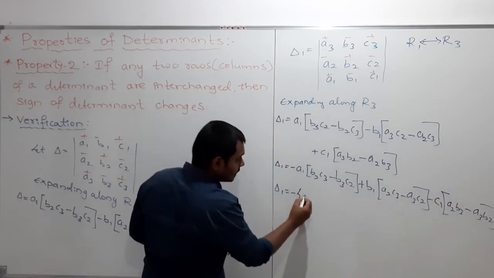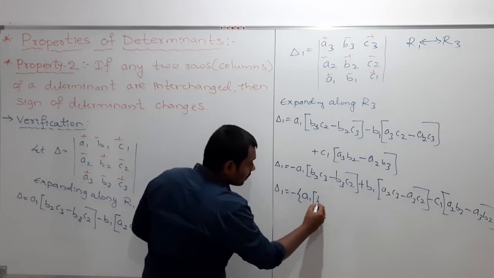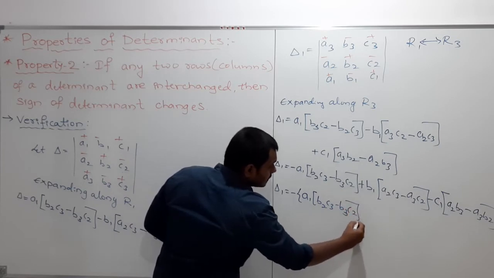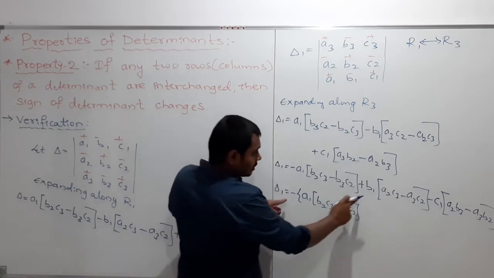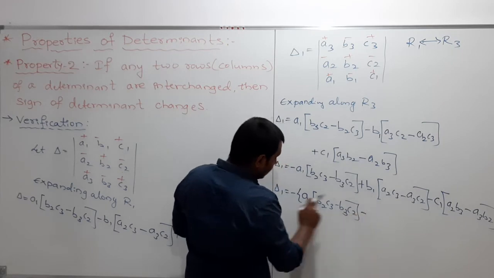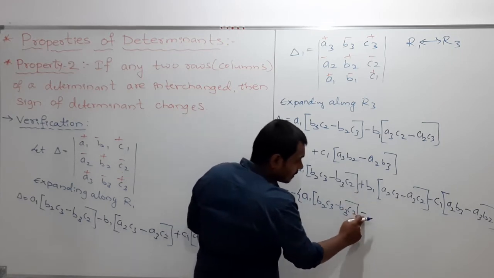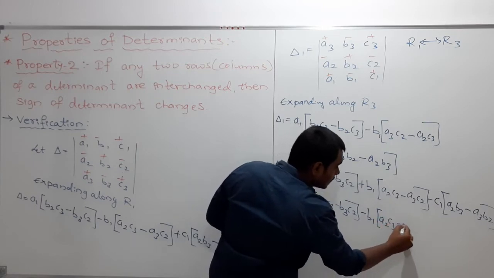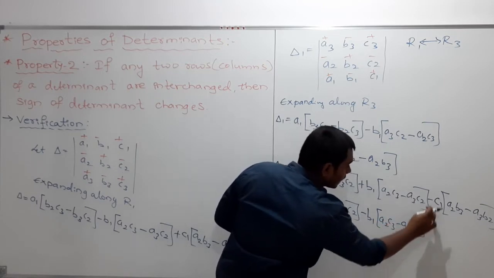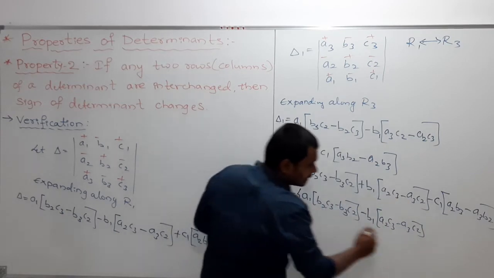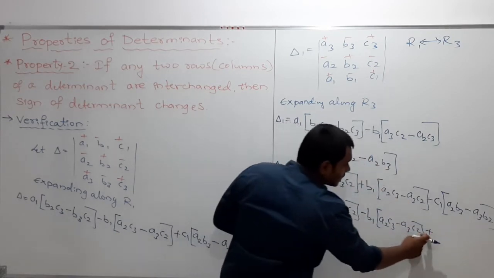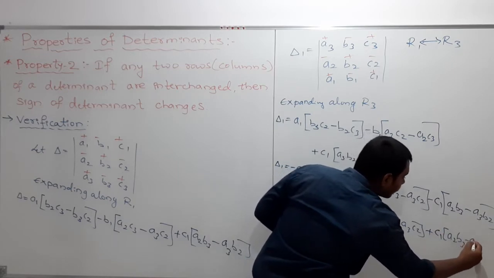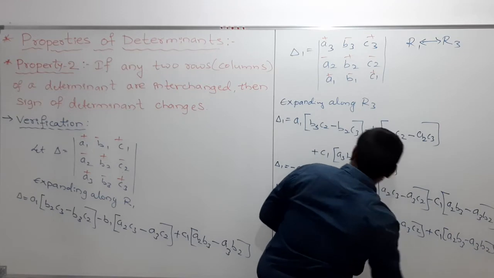So minus outside, then here it is positive A1 (B2C3 minus B3C2). Next, here it is minus, already I took outside, so here minus will become plus. So therefore I take here this minus B1 and remaining as it is (A2C3 minus A3C2). Again it is minus, minus already I took outside, so now minus into plus is minus, and here it is C1 (A2B3 minus A3B2).